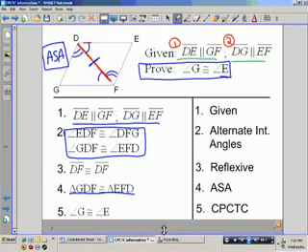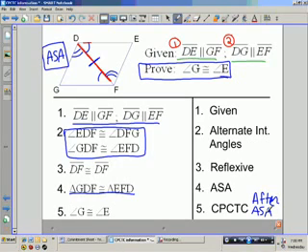Now, while I'm here, I forgot to do this on the first one, admittedly, and I need to apologize to you for that, but I need to add a phrase to CPCTC just to make sure people understand its usage. This is going to be CPCTC after ASA. Always do CPCTC after whatever postulate you're using.